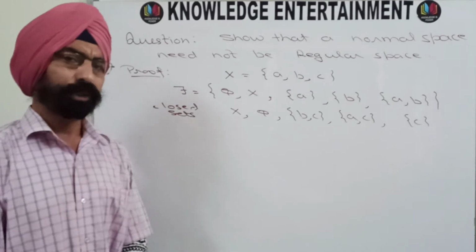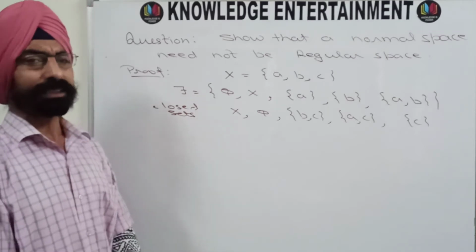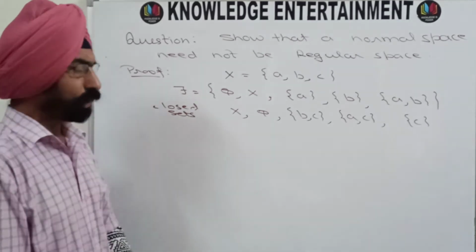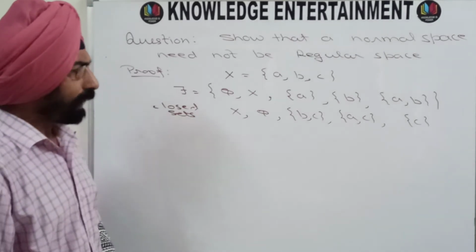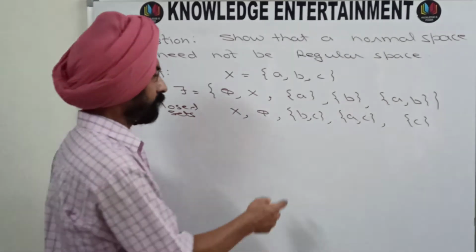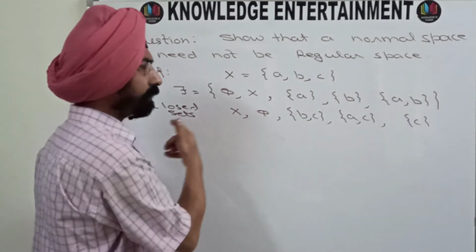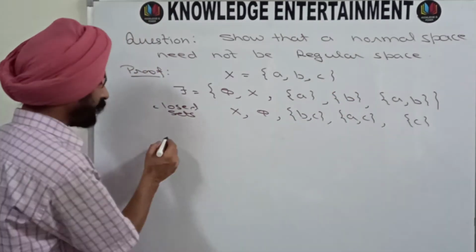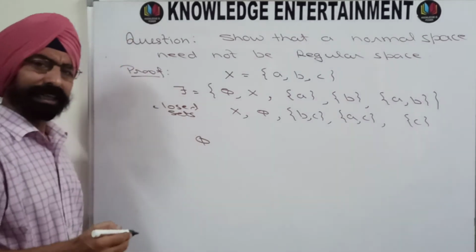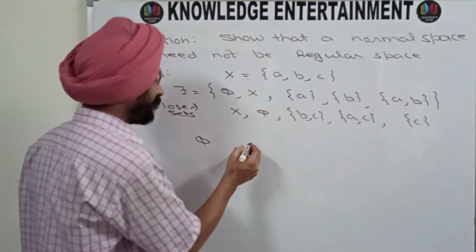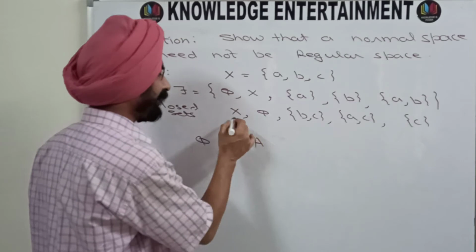For the normality, to check the normality of the topological space, we need a pair of disjoint closed sets. So I think the only one possibility is phi with any of these sets. So you can take phi as one set, and you can take the other set as any of these.